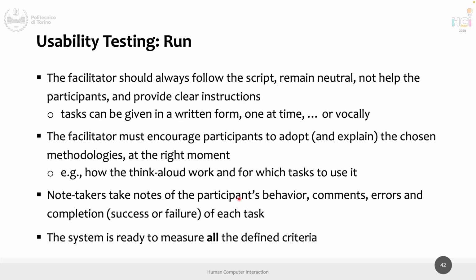The facilitator should always follow the script during the running, remaining neutral, not helping the participants, and providing clear instructions. Tasks can be given in a written format, one at a time, or vocally, still one at a time. The facilitator must encourage participants to adopt and explain how to use the chosen methodology at the right moment for the proper task.